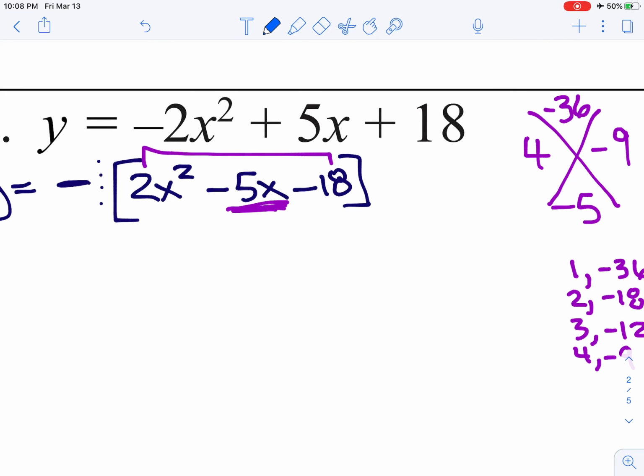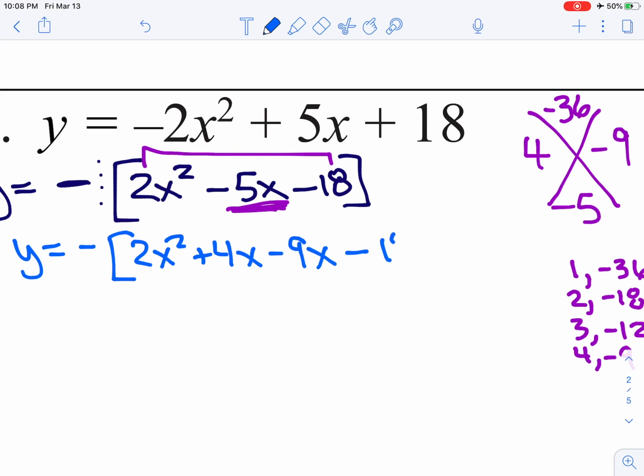So I'm going to change colors, obviously. I like to do that. So 2x squared stays the same. Then plus 4x minus 9x, because 4x minus 9x gets -5x. Then we have minus 18.